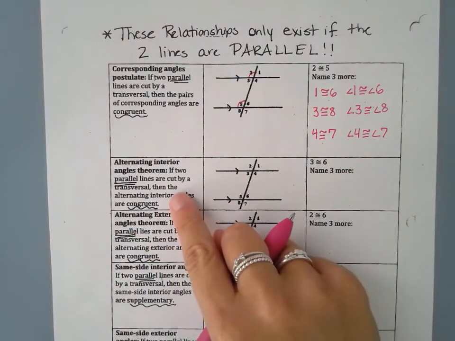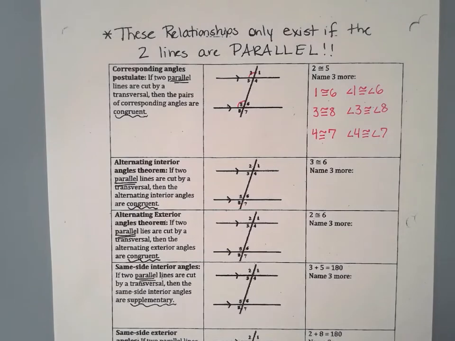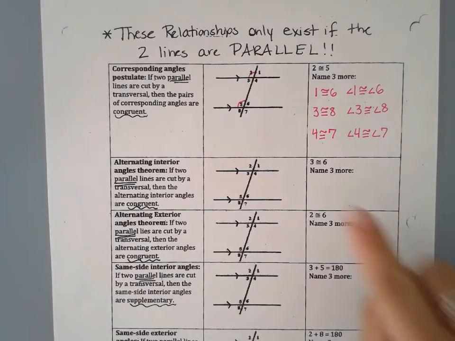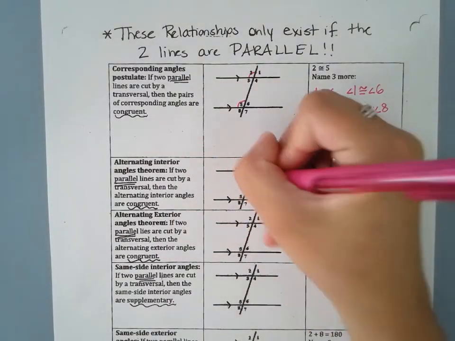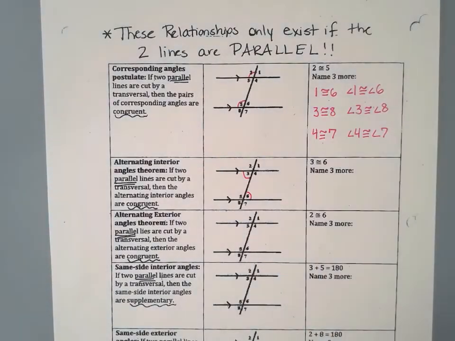Now, alternating interior angle theorem. This tells us that if two parallel lines are cut by a transversal, then the alternating interior angles are congruent. An example that we have here is 3 is congruent to 6.